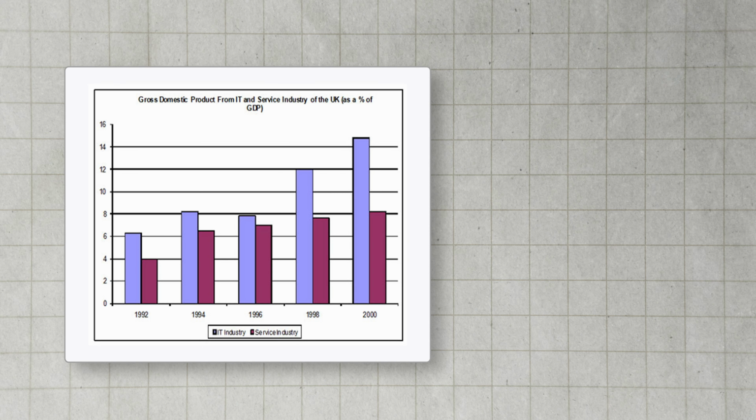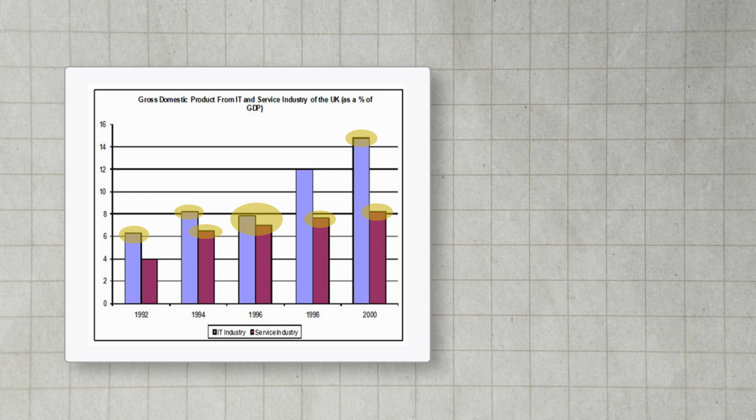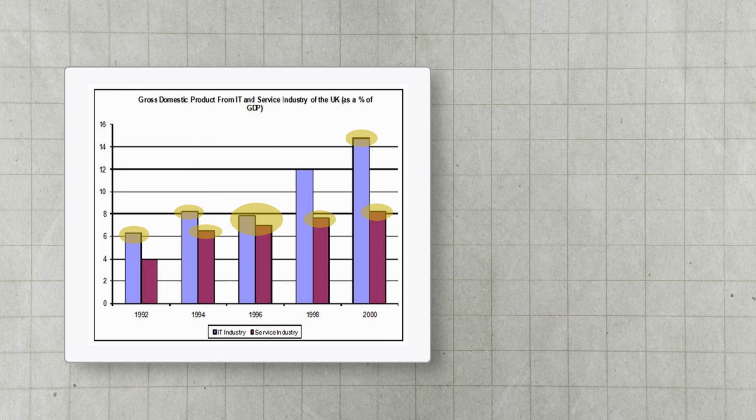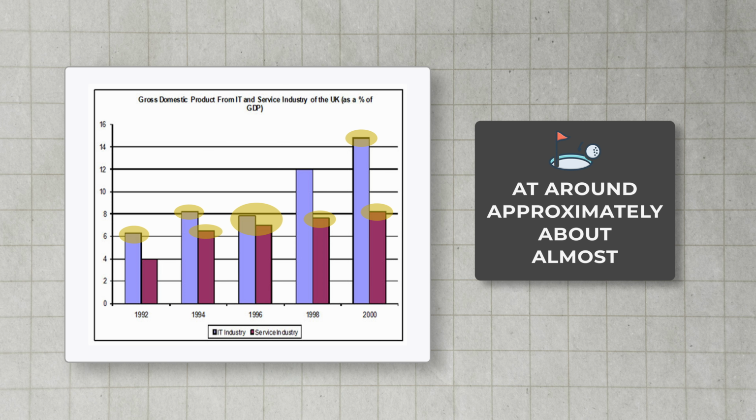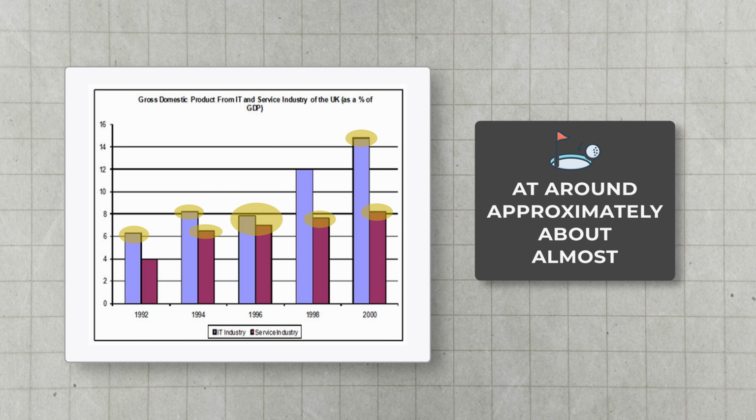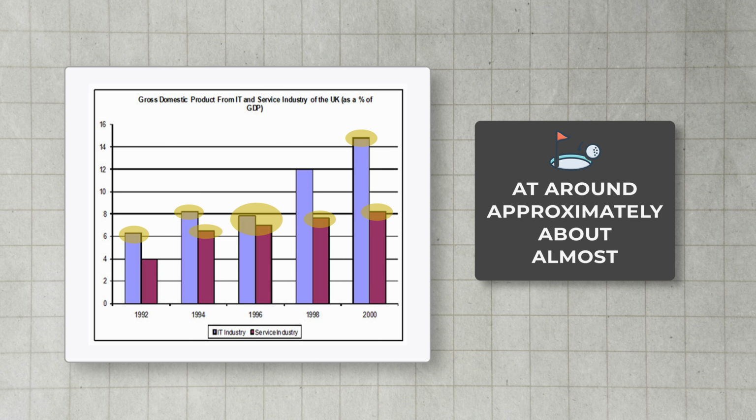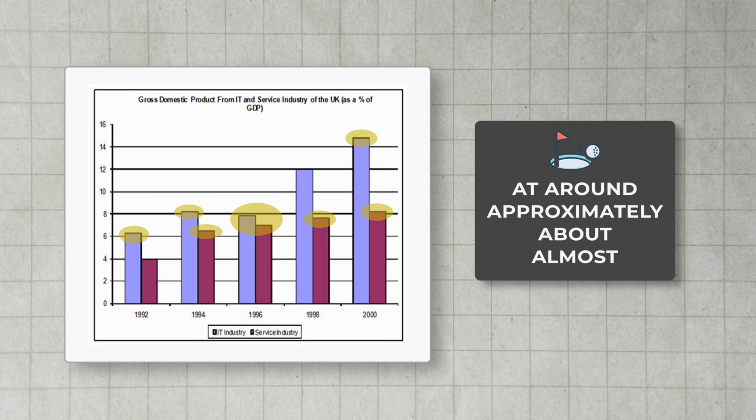Now, something very important. In my chart, I knew what each data point was because I created this chart myself. In your real test, you'll see a bar chart that is almost reaching a certain percentage. Then you need to add phrases like at, around, approximately, about, or almost, simply because you don't know the exact figure.